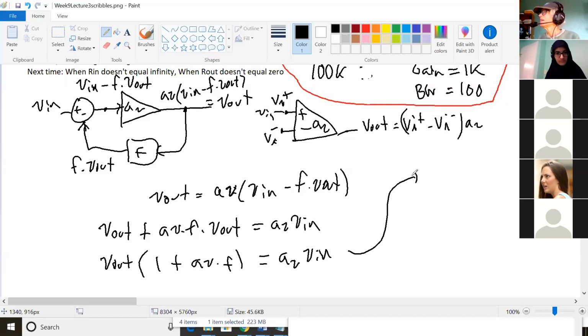But you want gain, and gain is V out over V in. So what you want is, on one side, V out over V in equals something. So I'm going to divide both sides by this 1 plus AVF and by V in. And that gives you AV over 1 plus AVF.